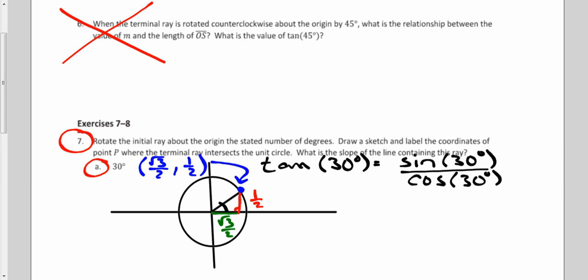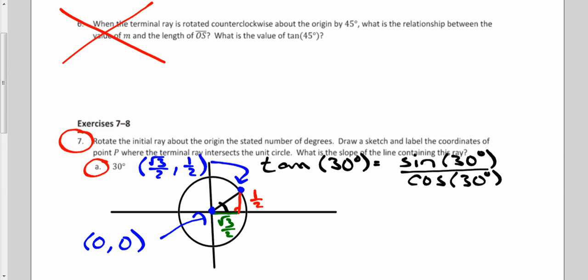Now, what's the coordinates of that point right there? 0, 0, right? That's the origin. Why did I go through all that? It asks, what is the slope of the line containing this ray?